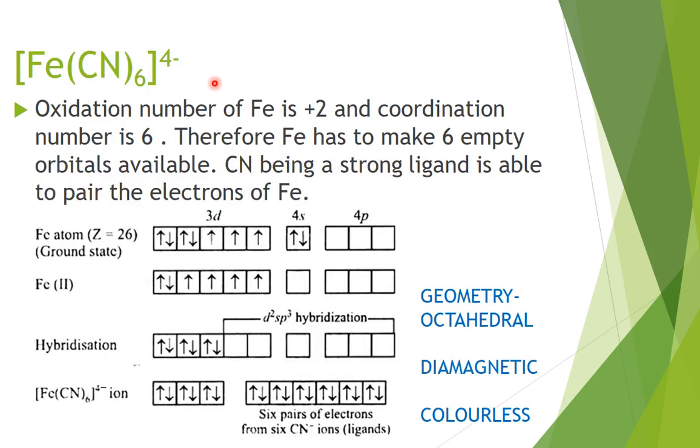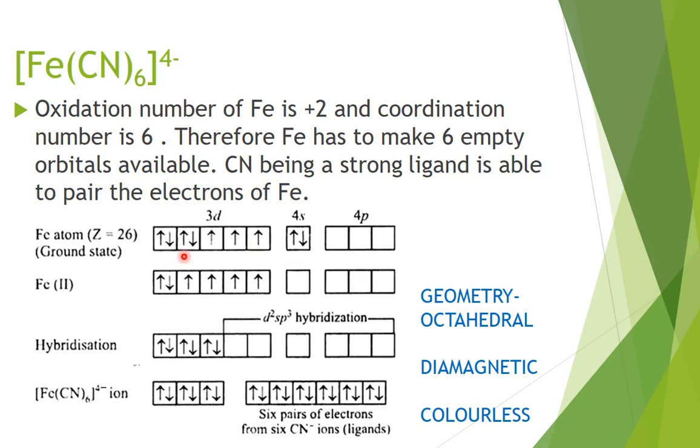Let us take another example. Fe(CN)6 4 negative. Again the same. Calculate the oxidation number of Fe. It comes to be plus 2. Let us write the electronic configuration of Fe as well as Fe plus 2. For Fe it is 4s2 3d6.